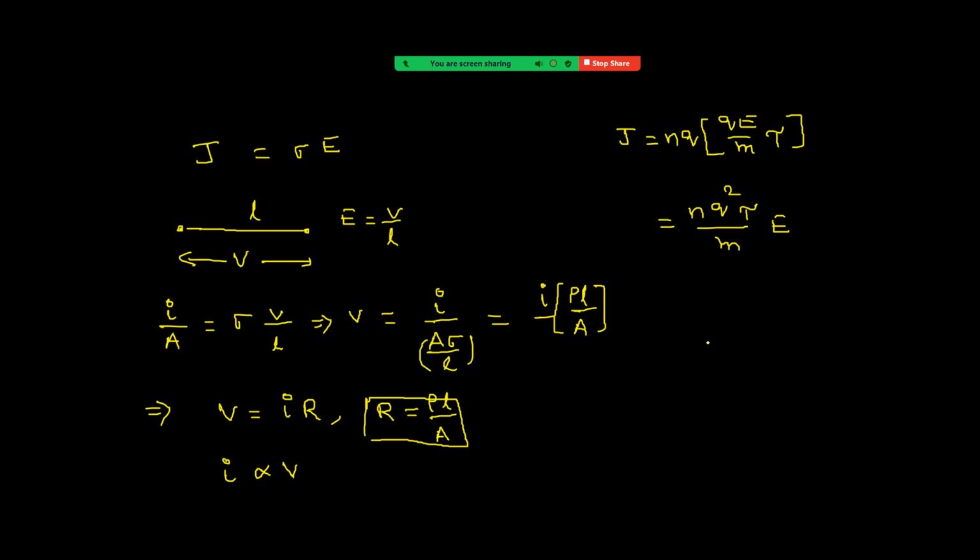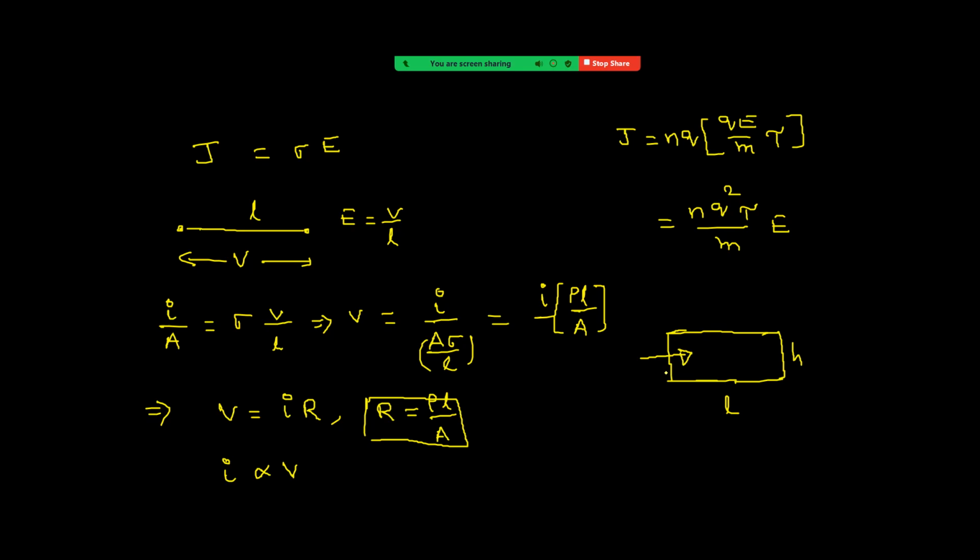Suppose we are taking a cuboid. Let us take length as L, height as H, breadth as B. If current flows like this, then L is the length, and for area we have to focus on the cross section area.